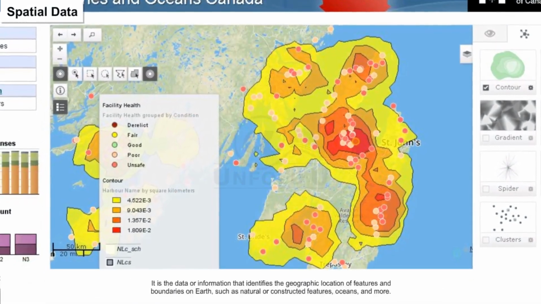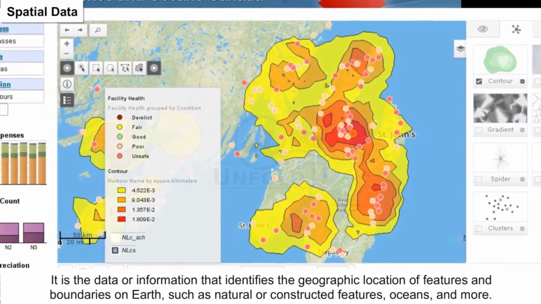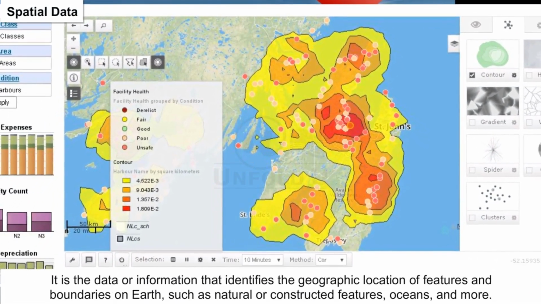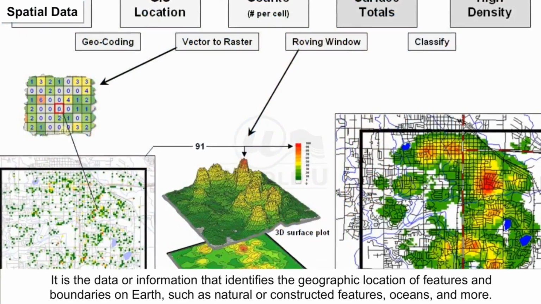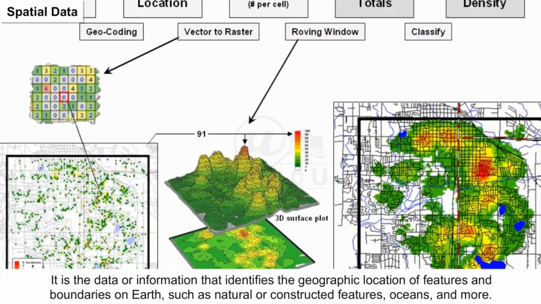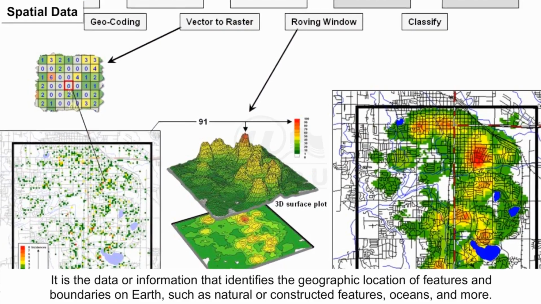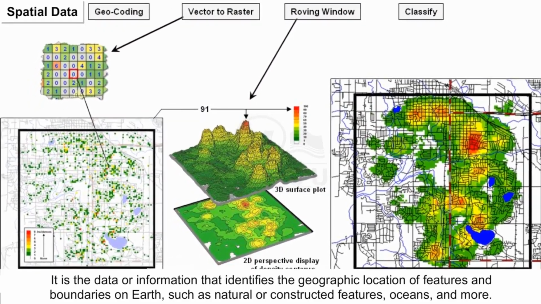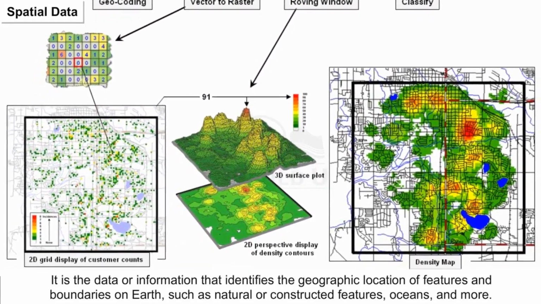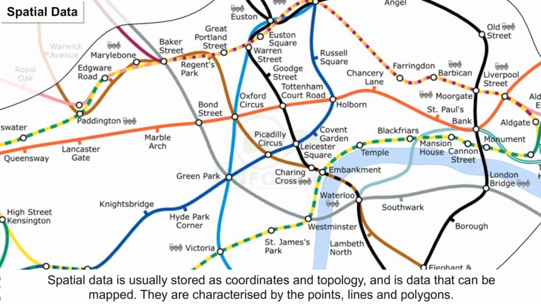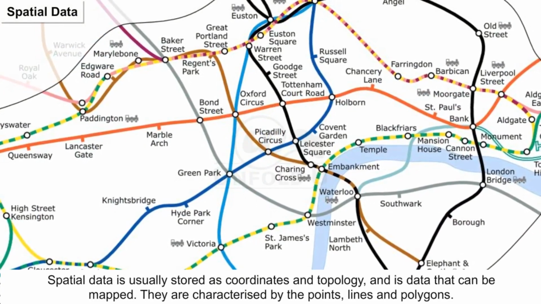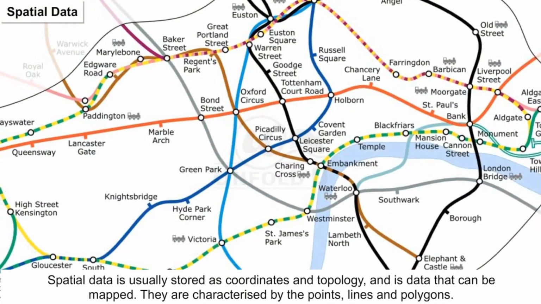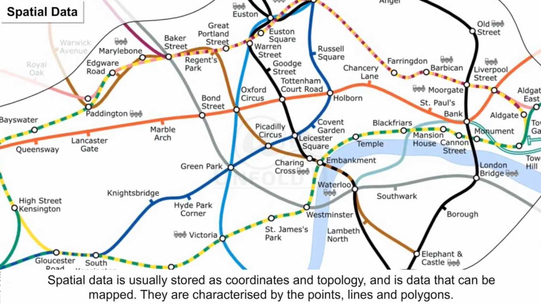Spatial data. It is the data or information that identifies the geographic location of features and boundaries on Earth, such as natural or constructed features, oceans, and more. Spatial data is usually stored as coordinates and topology, and as data that can be mapped.